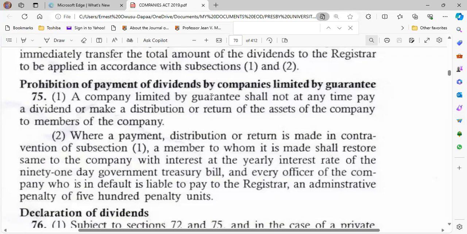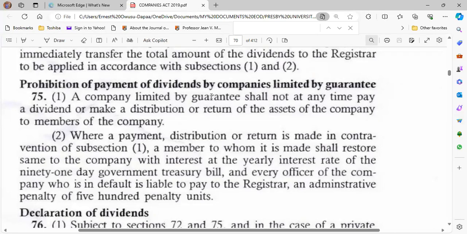And every officer, that is every director who was cognizant of the fact that it's a company limited by guarantee, that they are not supposed to pay dividends, and presided over paying dividends, they too shall pay an administrative penalty of 500 penalty units.